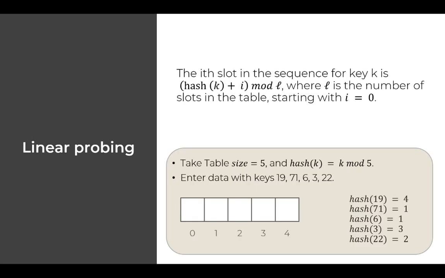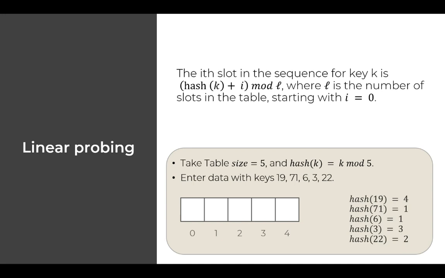Let's have a look. Linear probing is a simple strategy, but it has some problems. The i-th slot in the sequence for key k is (h(k) + i) modulo L, the number of slots.